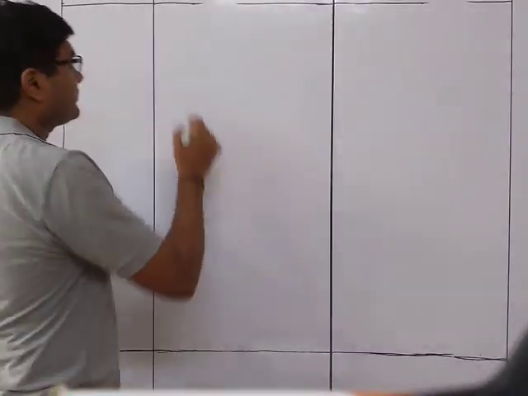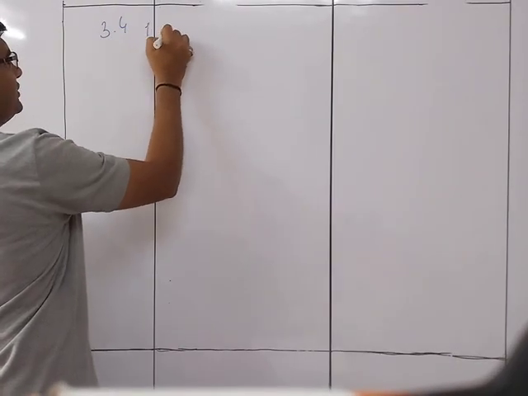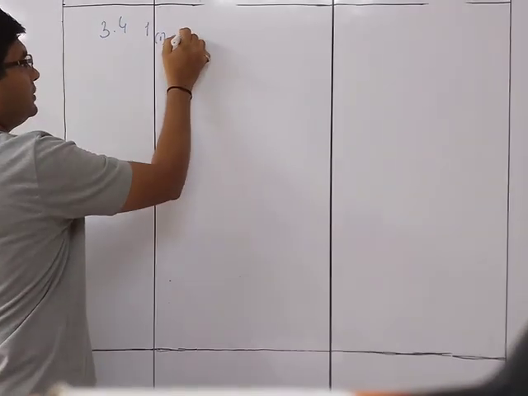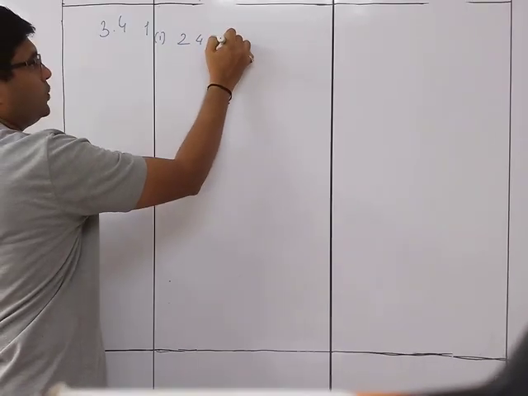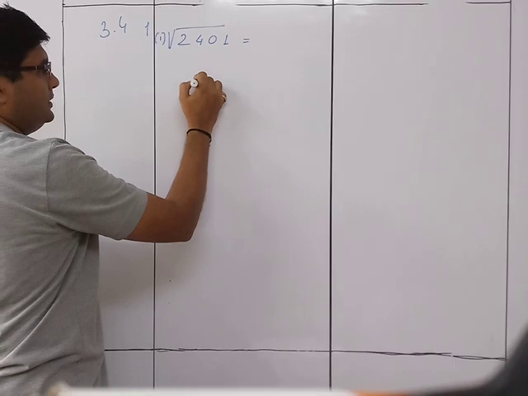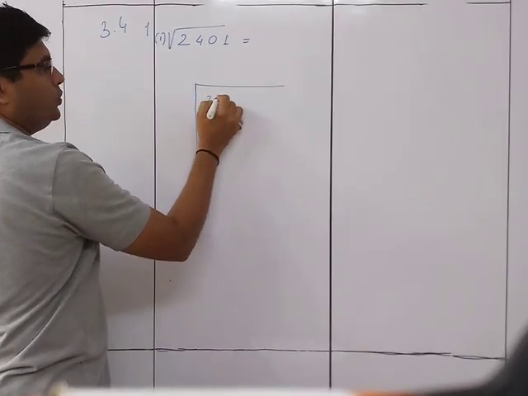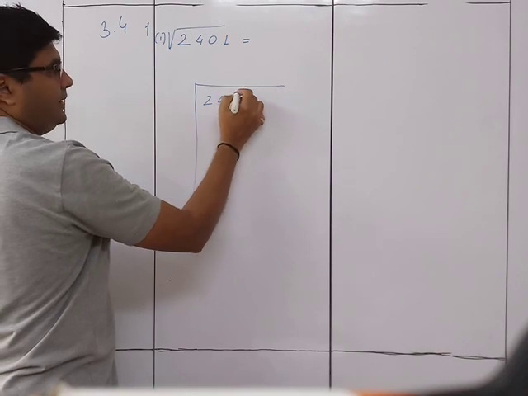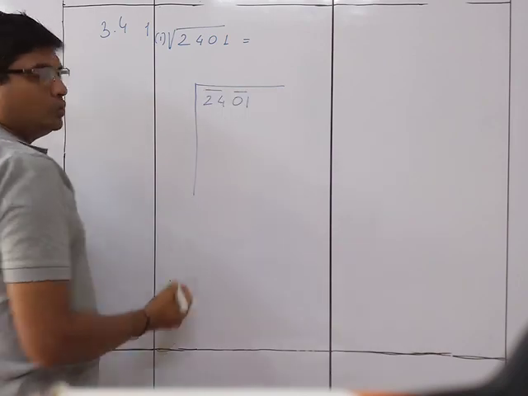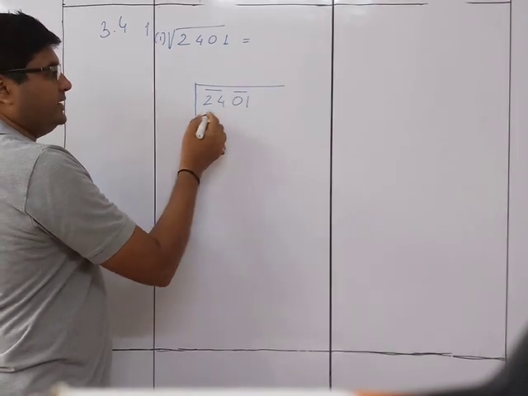The first one is number 2401. So you need to find out the square root of 2401. It's the same way. We put these lines. Put over here 2401. This is the two pairs, 01 and 24 are the two pairs.